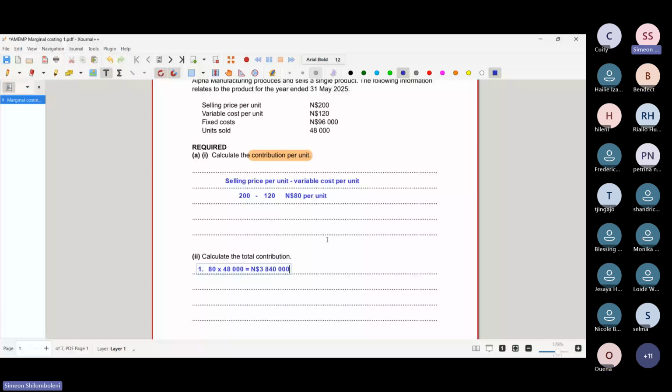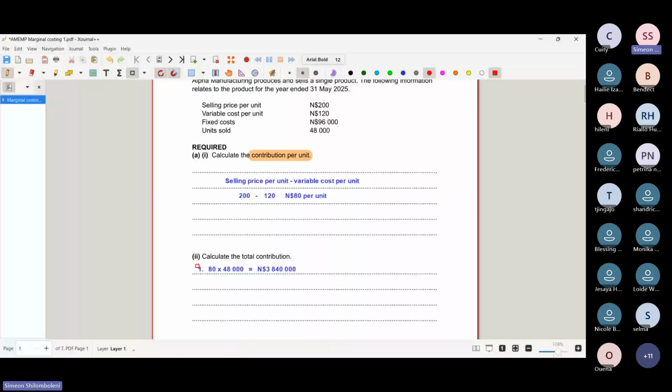That is the total contribution. It was too much now. I was just taking figures out of my head. Accounting questions usually don't go to millions. This is one way to do it.